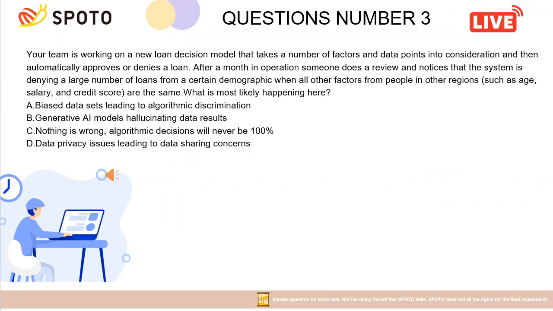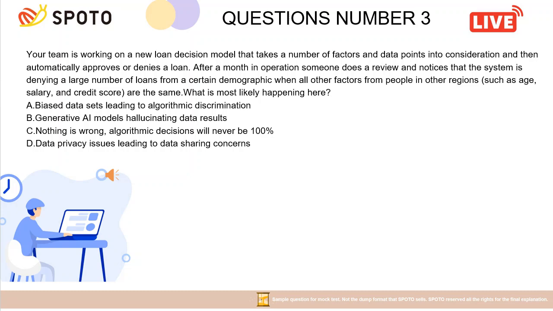Question 3. Your team is working on a new loan decision model that takes a number of factors and data points into consideration and then automatically approves or denies a loan. After a month in operation, someone does a review and notices that the system is denying a large number of loans from a certain demographic when all other factors from people in other regions, such as age, salary, and credit score, are the same.